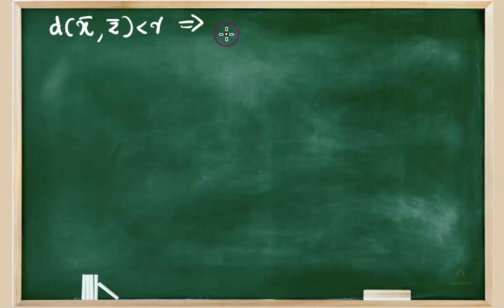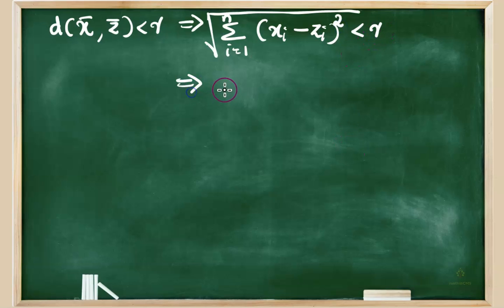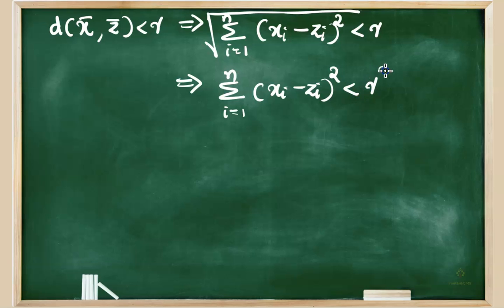Applying the formula for the Euclidean metric, we can write d of x bar z bar as the square root of the summation over i varying from 1 to n of (xi minus zi) whole squared, and that is less than r, which implies that the summation over i varying from 1 to n of (xi minus zi) whole squared is less than r square.